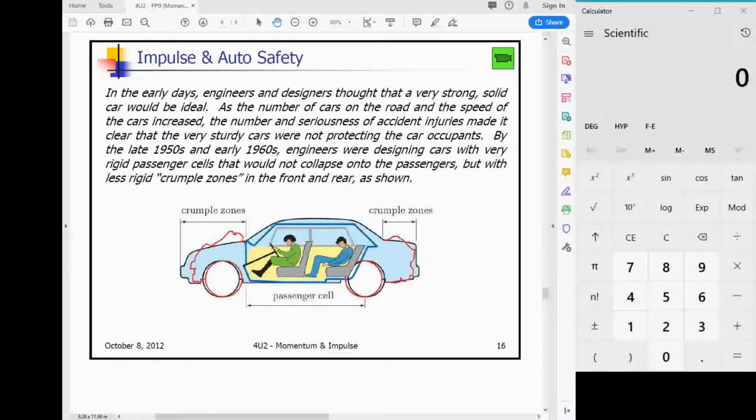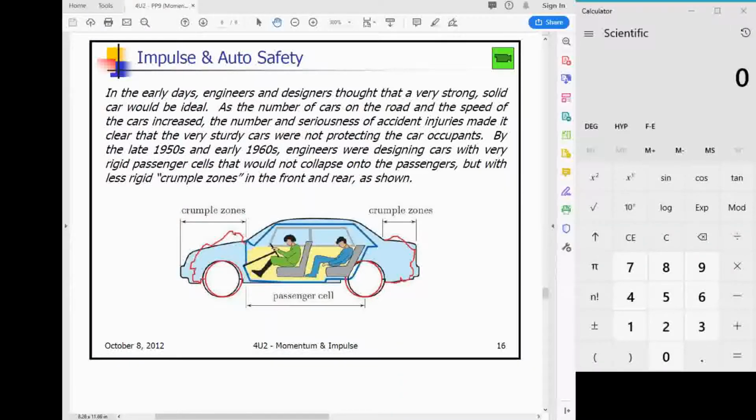The thought when we were originally making cars was that if we had a really, really strong car, then the passengers inside would be safe. The problem with a strong car that wouldn't deform is that the change in time, or the delta t, was very short at the moment of impact.